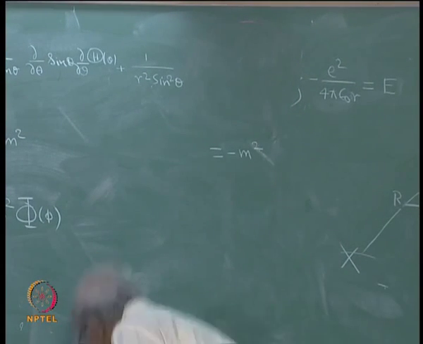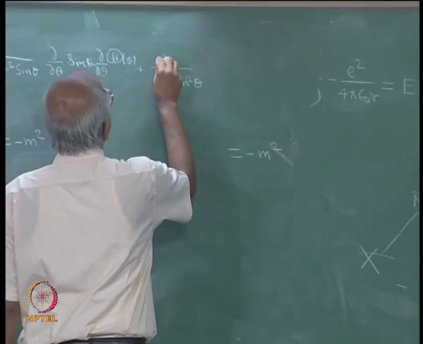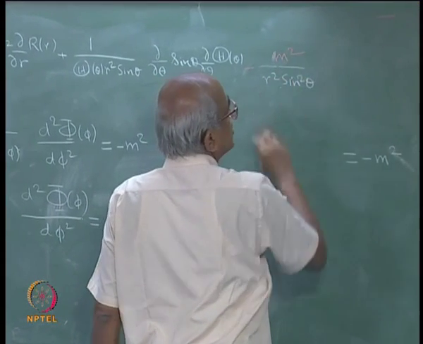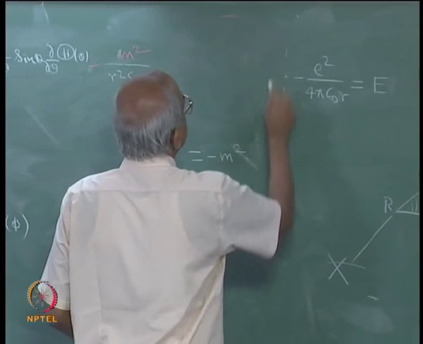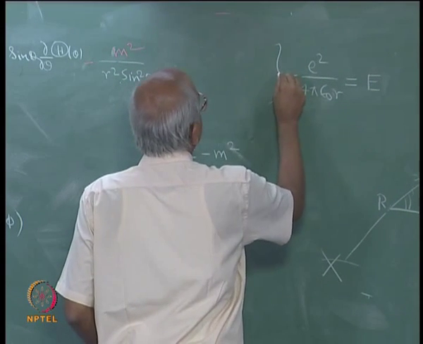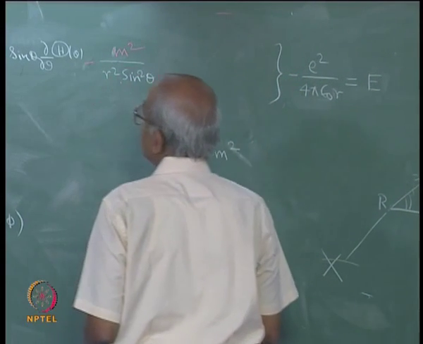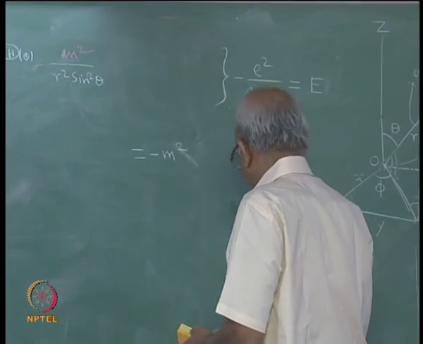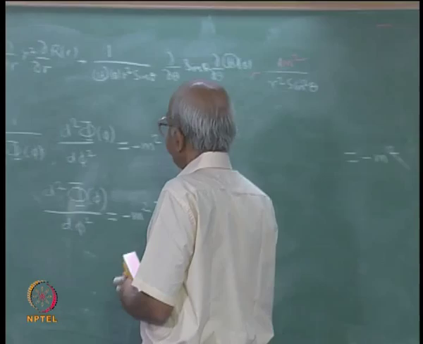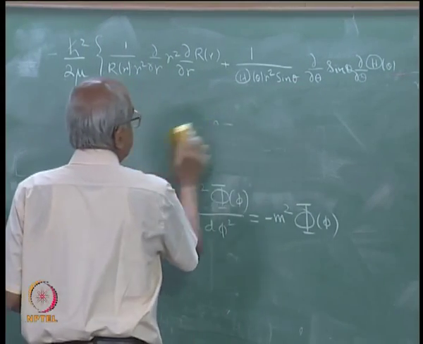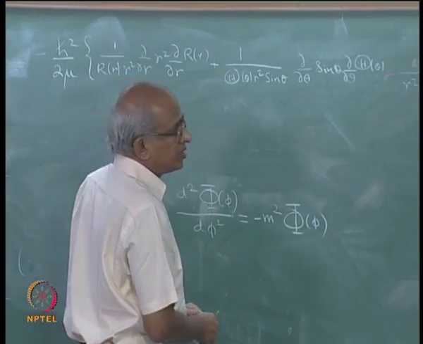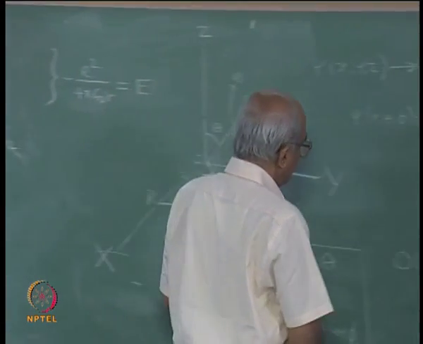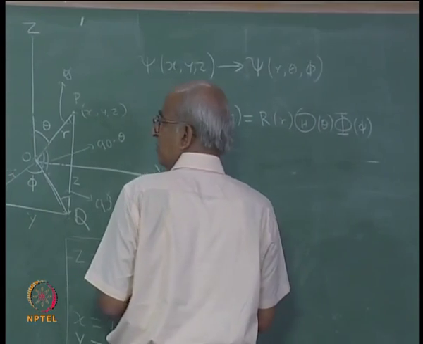So let us put minus m square, that term, instead of that term you just write minus m square, and what happens, you have this equation, correct. And I am going to write this equation once more, but because I will need this equation later, maybe I will move it to this side.